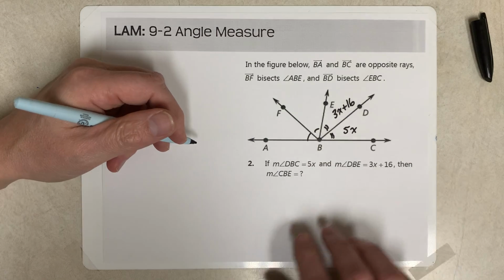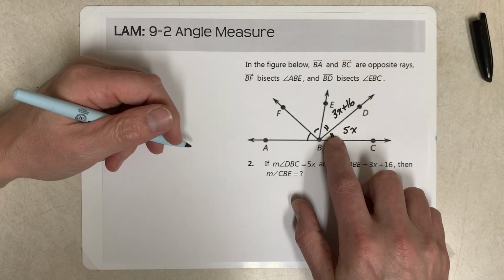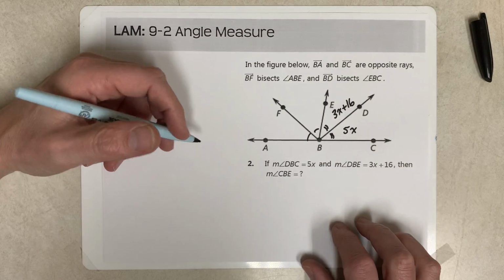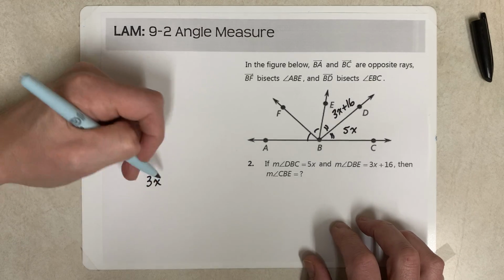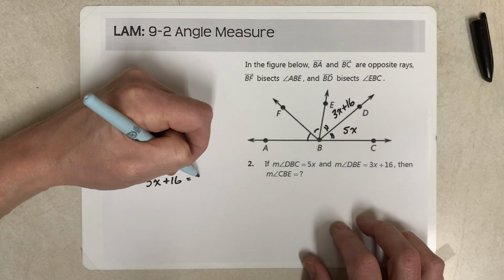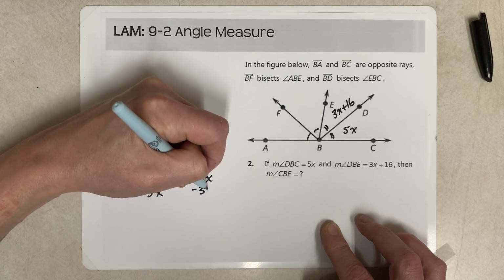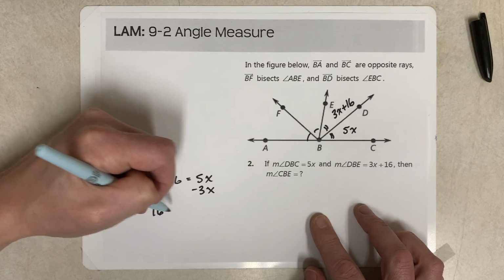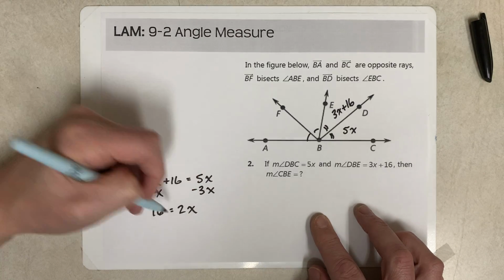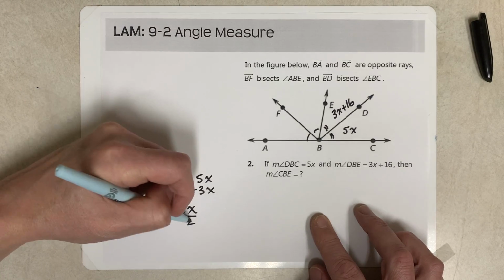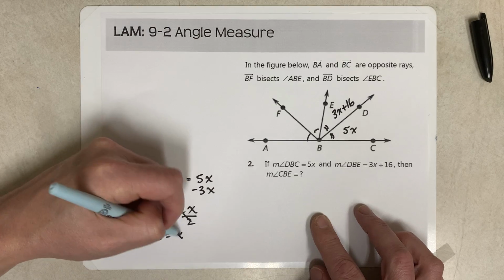I need to set these equal to each other because the two angles are equal since DB is an angle bisector. So we have 3x plus 16 equals 5x. I'm going to subtract 3x on both sides. 16 is equal to 2x. Divide by 2. And we get 8 is equal to x.